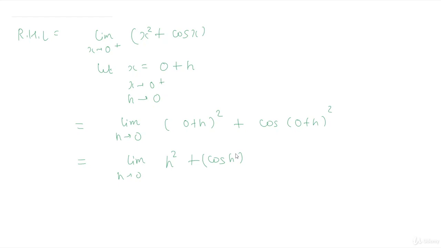Now this will again be written as h square plus cosine h. Sorry, the cosine is not squared, this is just cosine h.